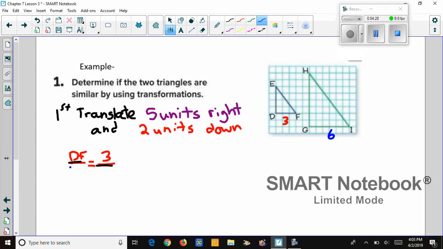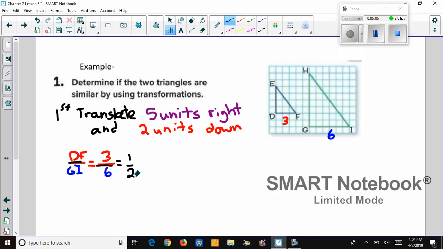So for GI, that's 6 spaces. So I'm just setting up a ratio of each side to its corresponding piece. We always want to go ahead and reduce this, and I see that they have a ratio of 1/2. Now I'm hoping that if I check DE and GH, they are also in the ratio of 1/2, but let's see what happens.